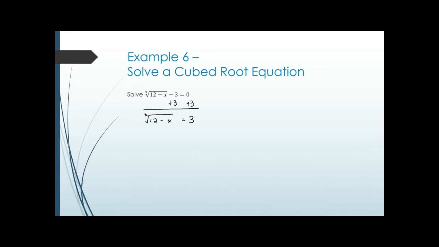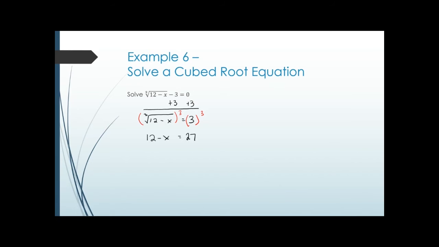In order to undo the cubed root, we're going to cube both sides. So when you cube that, you get what's underneath, 12 minus x, and then 3 to the third power is 27. So we have 12 minus x equals 27.